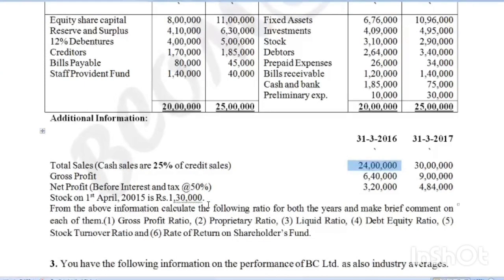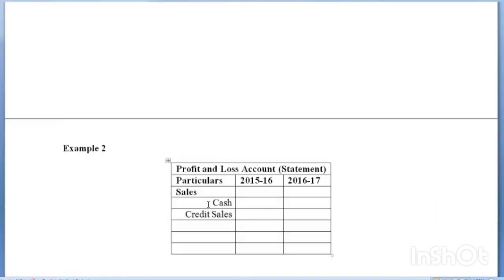So 24 lakh to how much? The answer is 4,80,000. 4,80,000 is cash and the remaining is credit. So how much is credit sale? It is 19,20,000. Yes, 19 lakh 20,000 is credit sale and 4 lakh 80,000 is cash sale.